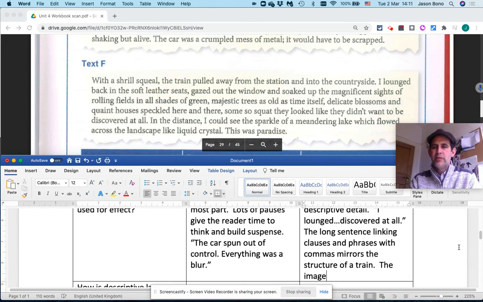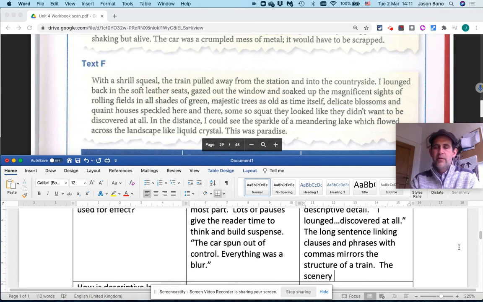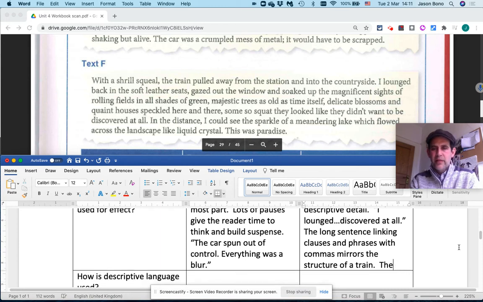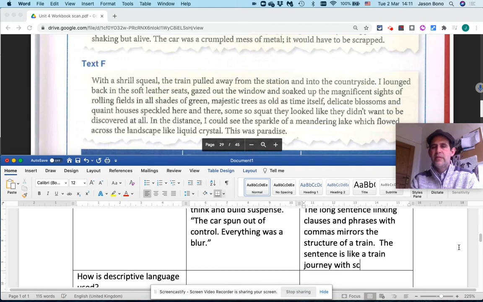The images for the scenery passes by. Now, I'm editing as I go, and you'll be doing this process as well. Sentence is like a train journey with scenery passing.